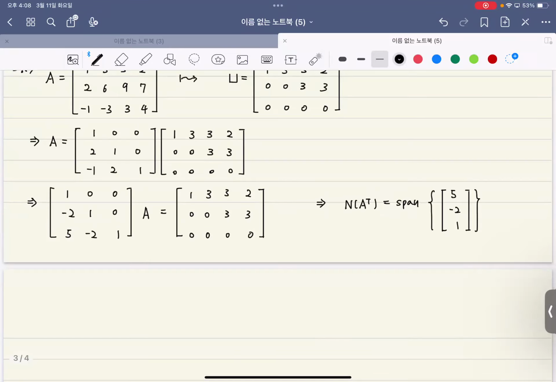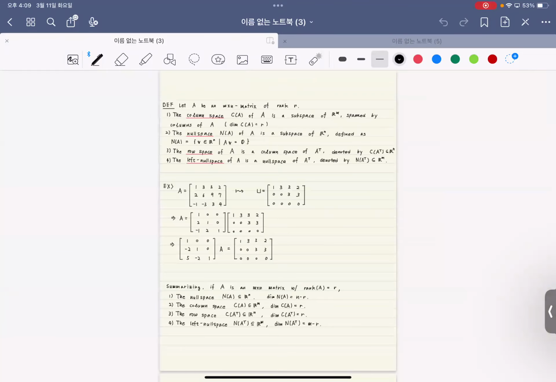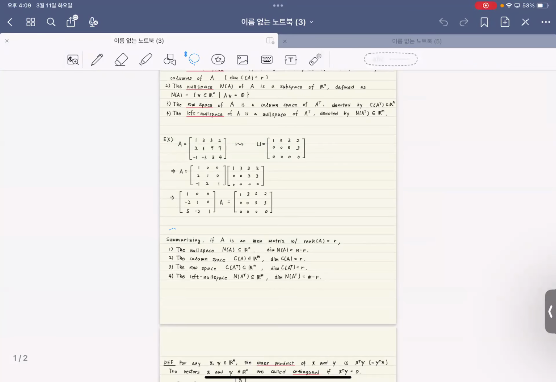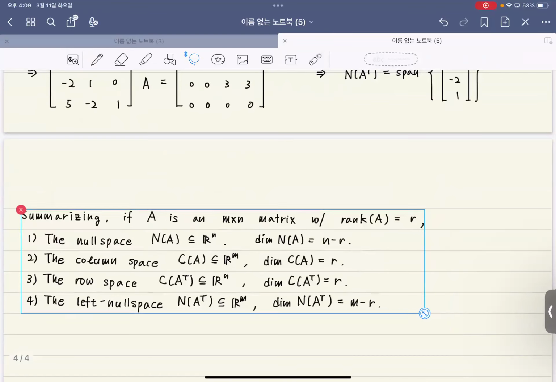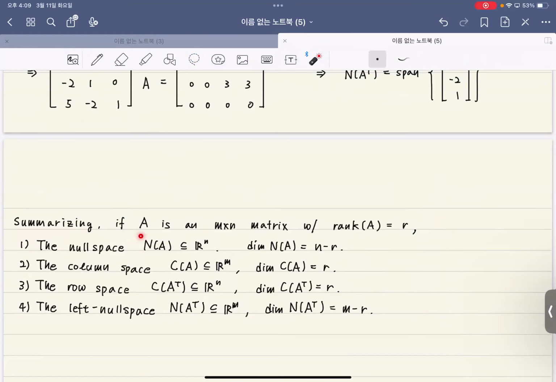So we now know the dimensions of those 4 fundamental subspaces, and we also know how to find the basis of those 4 fundamental spaces. So I will summarize all the results. Summarizing, if A is an m by n matrix with rank r, then these are the dimensions of those 4 spaces. You have to be very careful choosing these numbers.